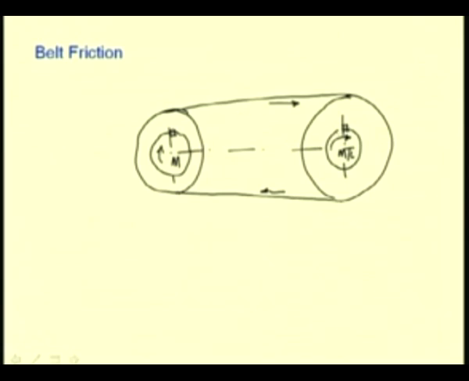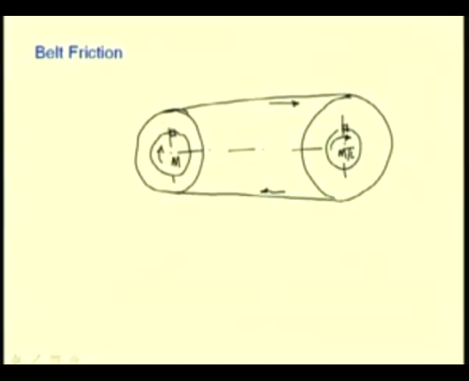In this process, we can increase the torque that is available or decrease the torque that is available by changing the ratio between the pulley diameters connected to the motor shaft and the machinery shaft.